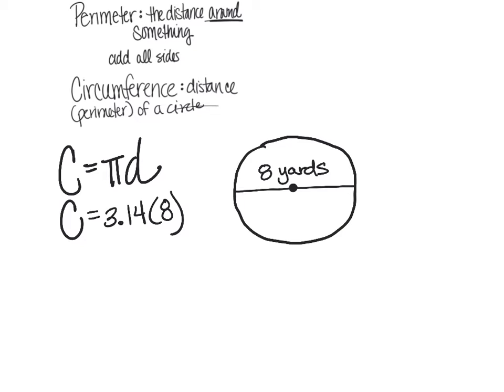And then all you do is multiply that in your calculator. 3.14 times 8. How big is the distance around our flower bed? What y'all got? And this is a regular perimeter problem, and so our answer is just in yards. 25.12 yards.